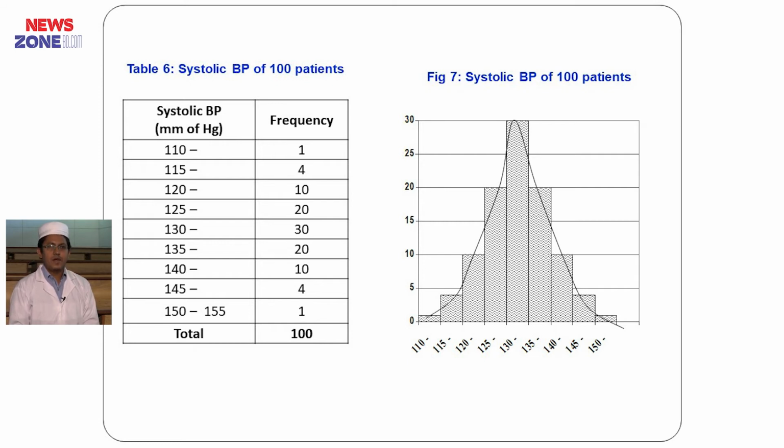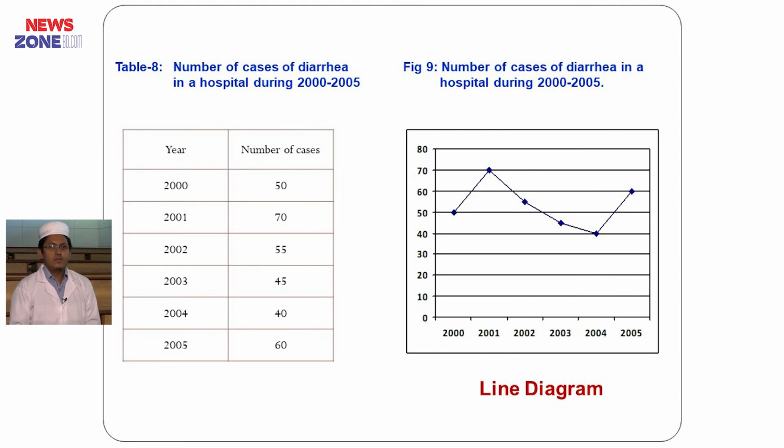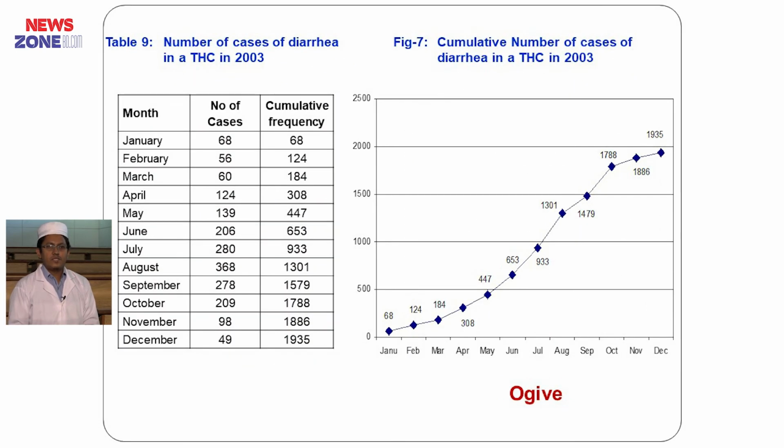On the right side we see a histogram and a frequency polygon made from this data. And this is a line diagram with another example data set. We see some dots are made first, then the dots are connected. So, this is a line diagram, and this is the ogive.